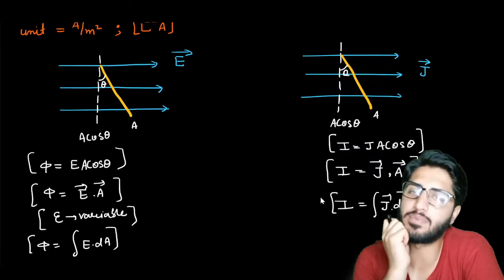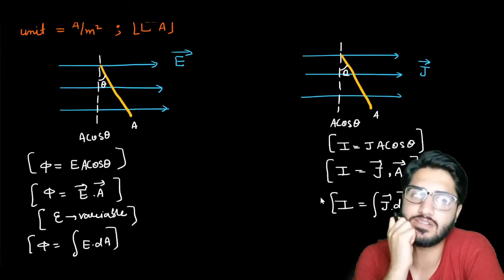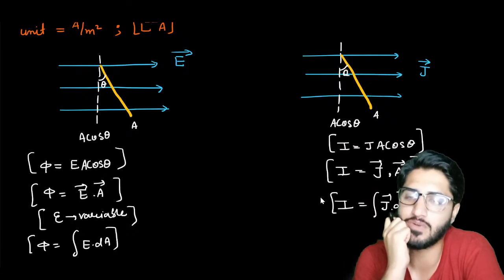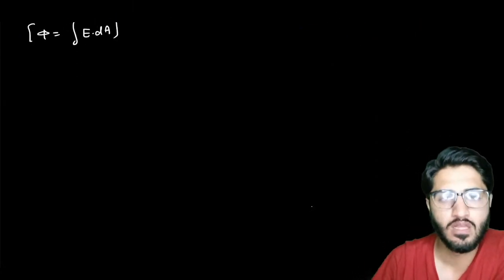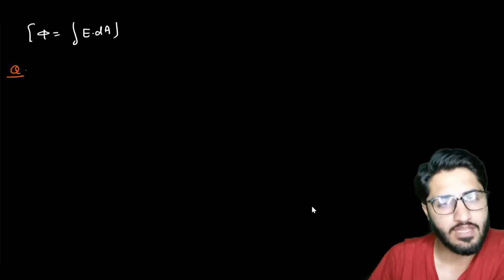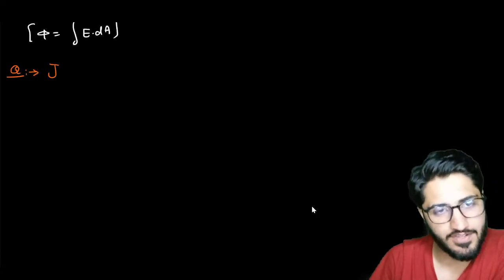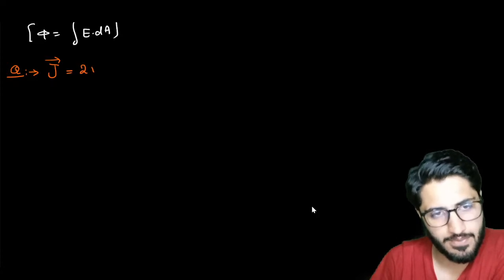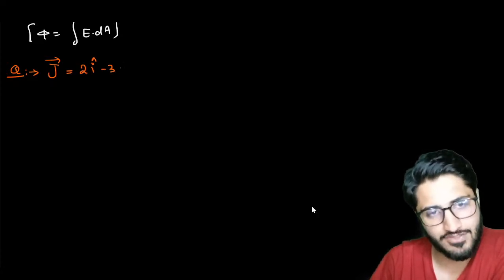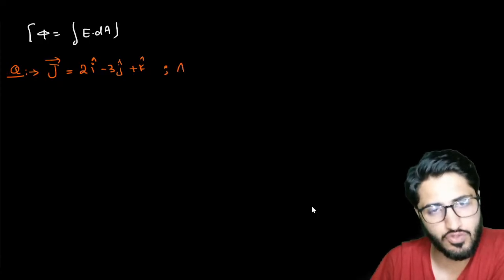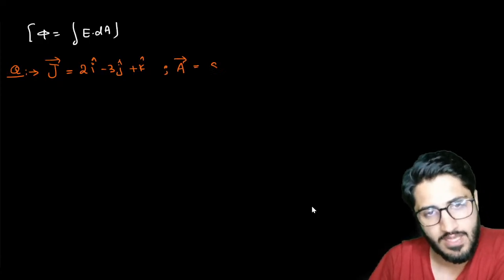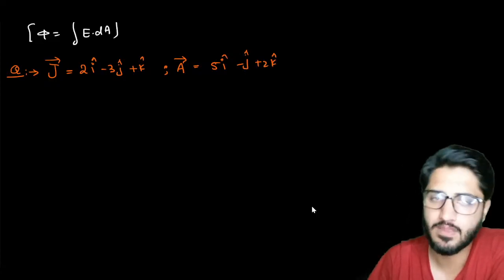Now let's take some examples by which we will have great confidence about which formula to use at what particular time, right? Look now, beta. We have a numerical: current density J is given as 2 I cap minus 3 J cap plus K cap, and my area is given as 5 I cap minus J cap plus 2 K cap.